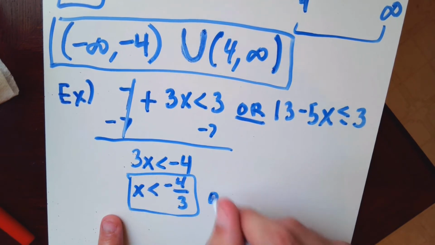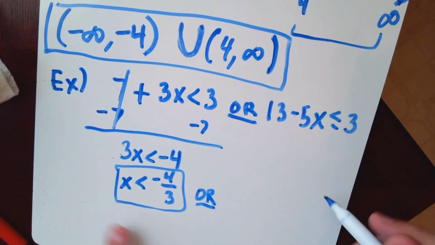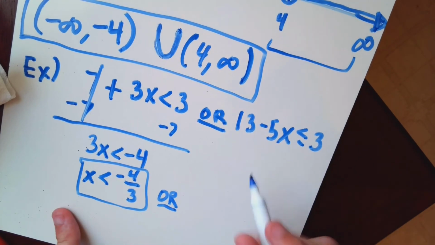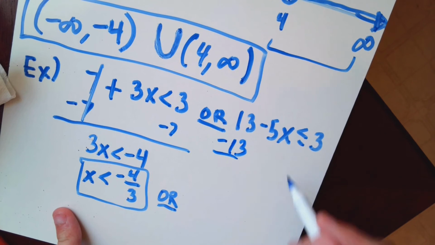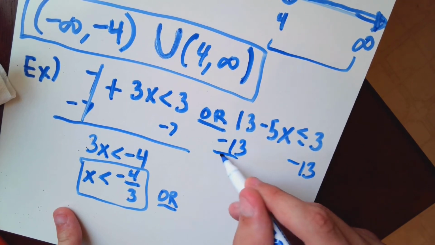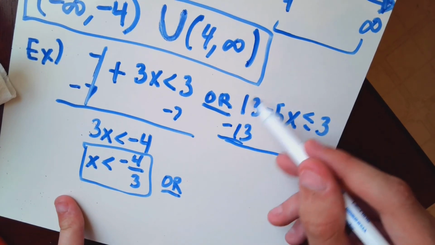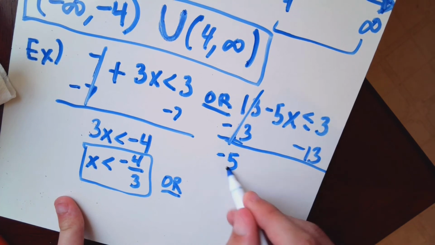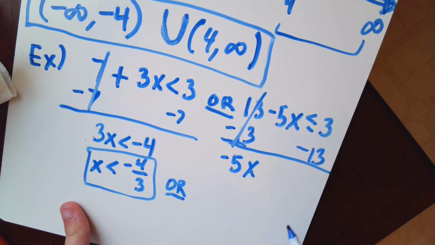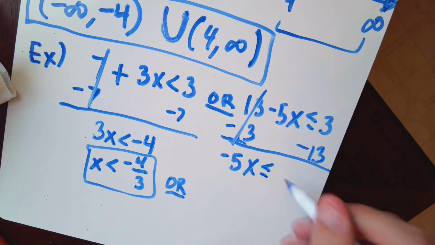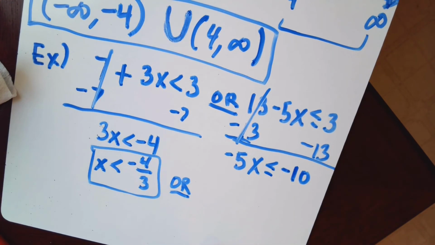And remember the or. Now let's solve this one. For this one, we have to subtract 13 from both sides. That leaves us with negative 5x is less than or equal to negative 10.